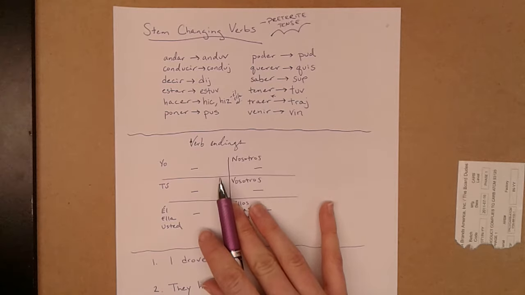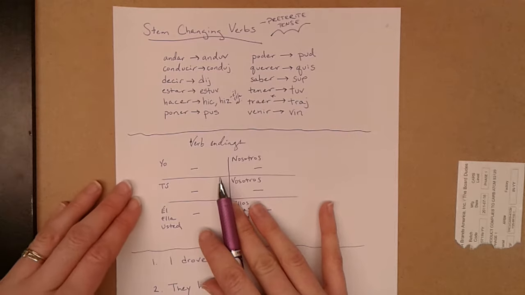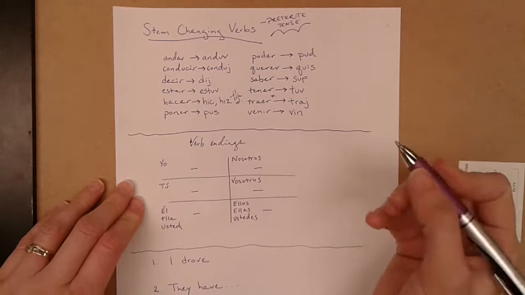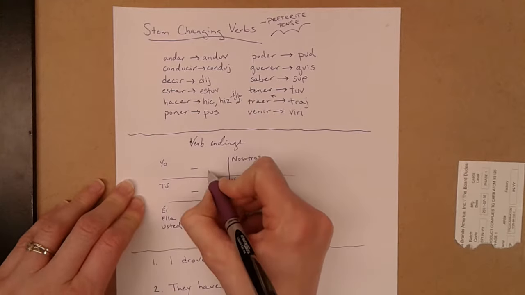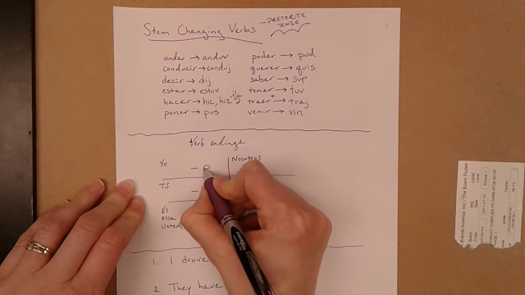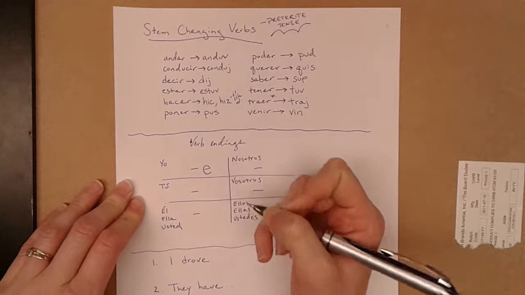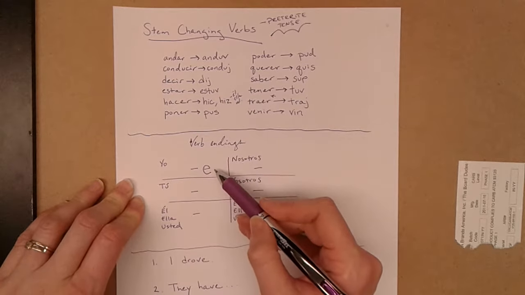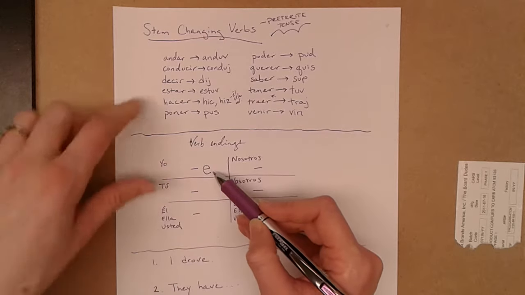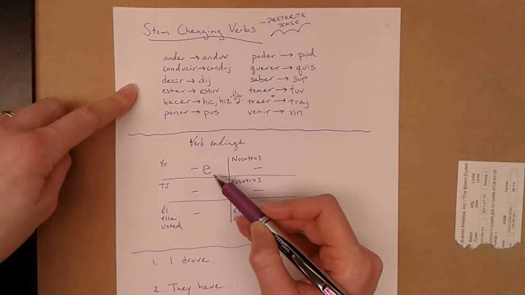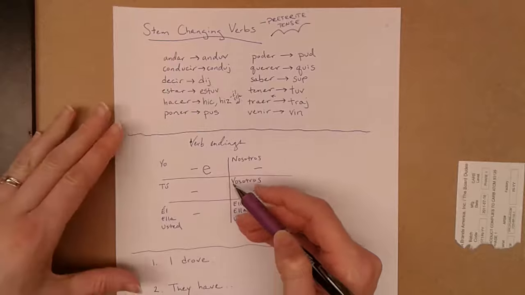All right, verb endings for preterite tense. So you'll see it's a little bit different here, okay? Mostly you don't have accents like you do before. So for yo, it's just the E. Notice it also doesn't change whether it's AR, ER, IR. So it's anduve, but it also would be dije.